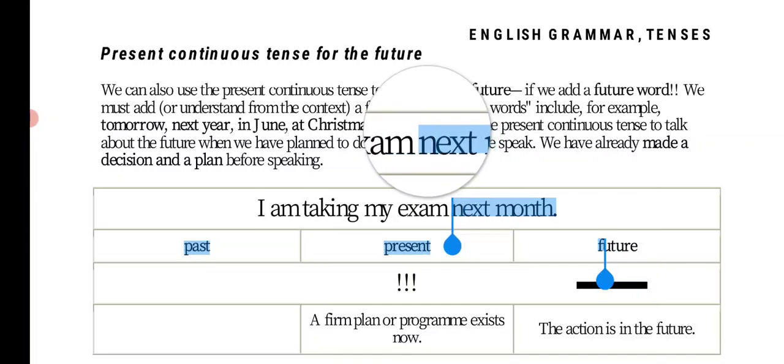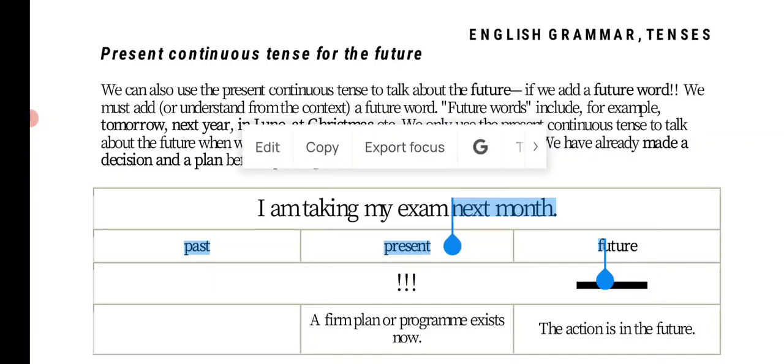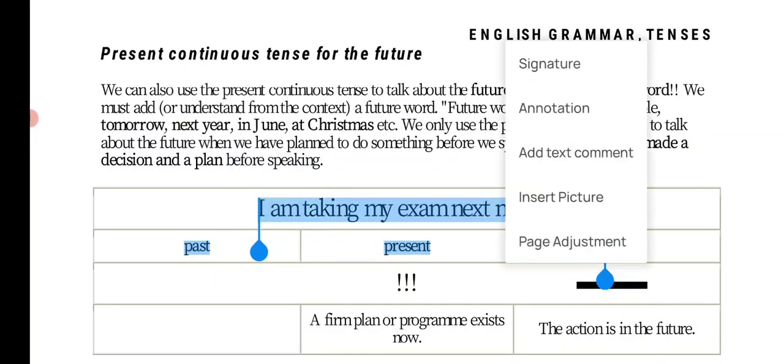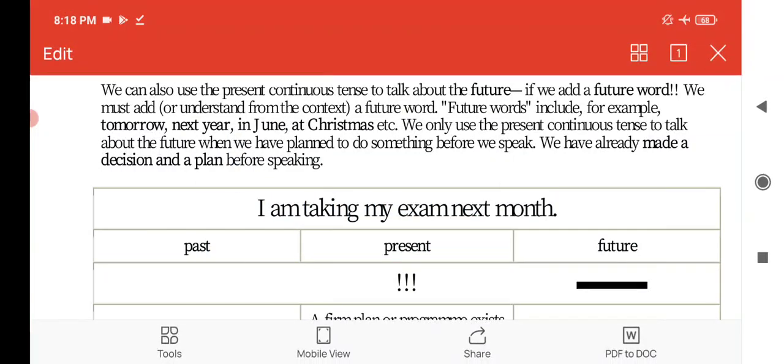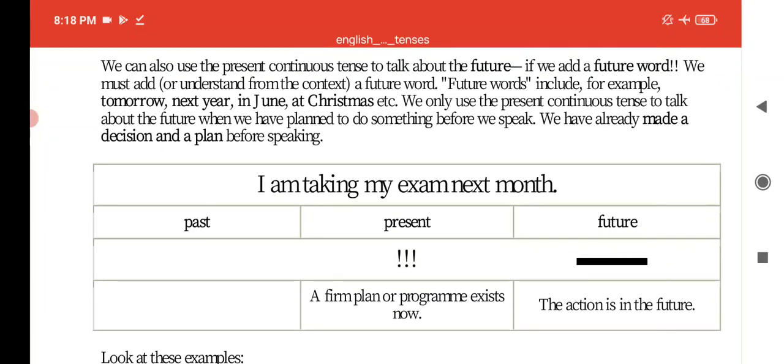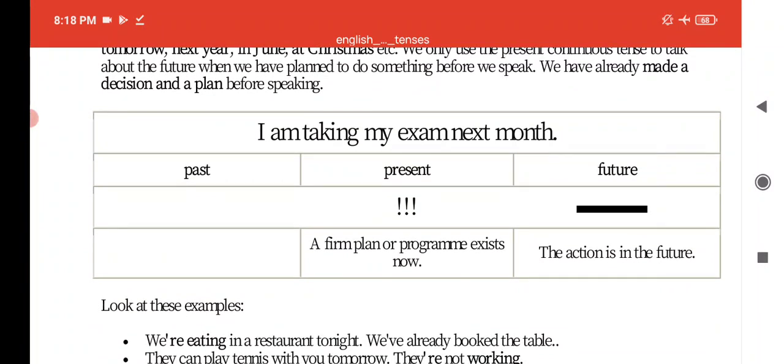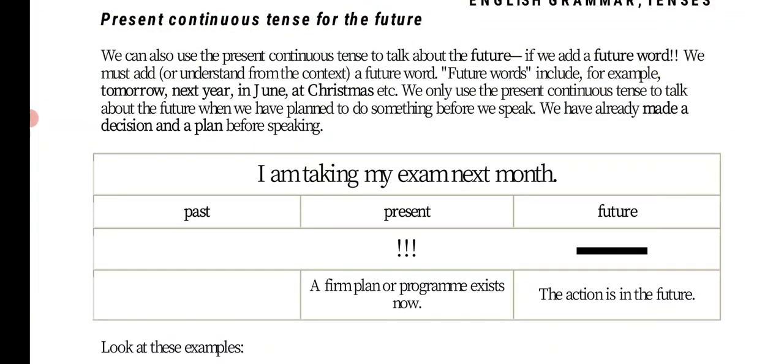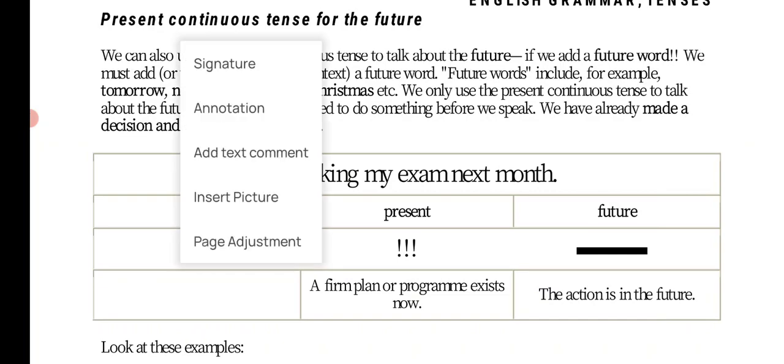This next month, an adverb, tells us that this action will happen in the future. And this part, I am taking my exam, denotes present progressive tense. So we can also use present continuous tense to talk about the future, and we have seen here how.